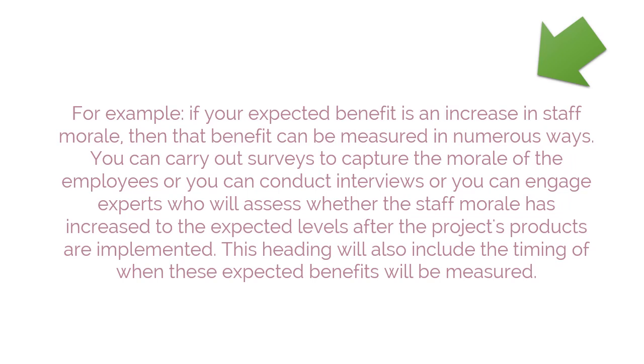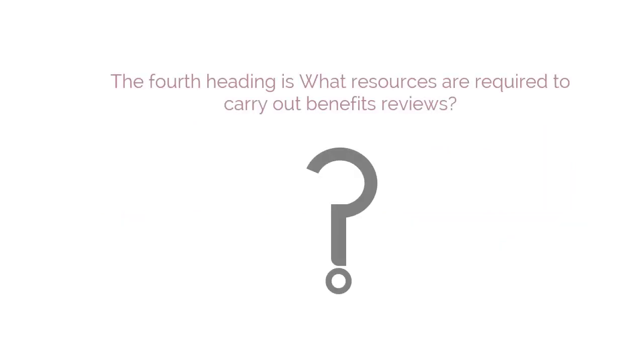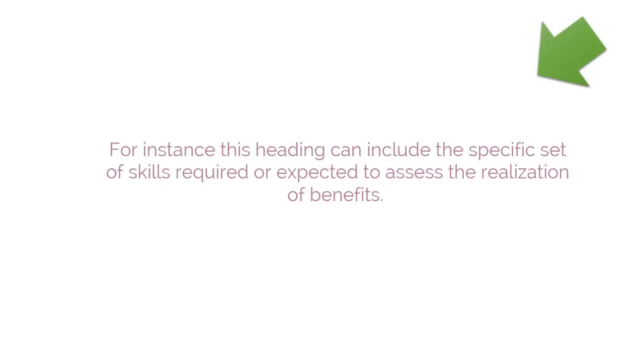You can carry out surveys to capture the morale of the employees, or you can conduct interviews, or you can engage experts who will assess whether the staff morale has increased to the expected levels after the project's products are implemented. This heading will also include the timing of when these expected benefits will be measured.